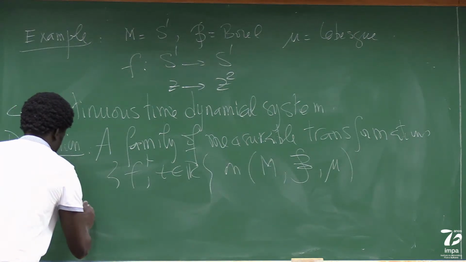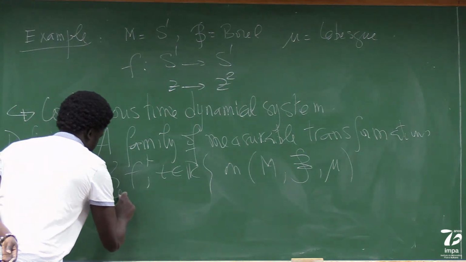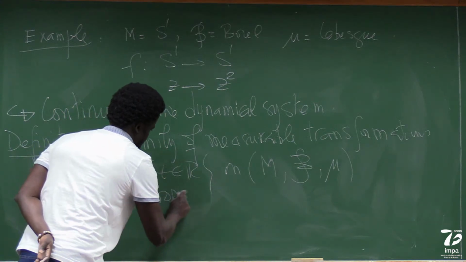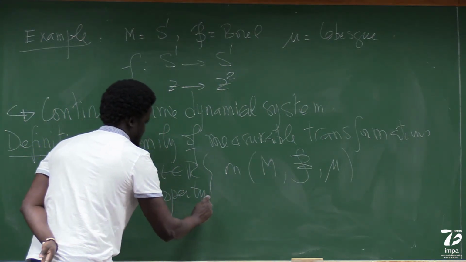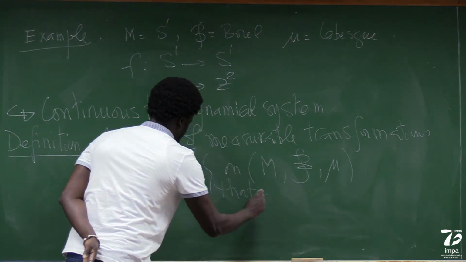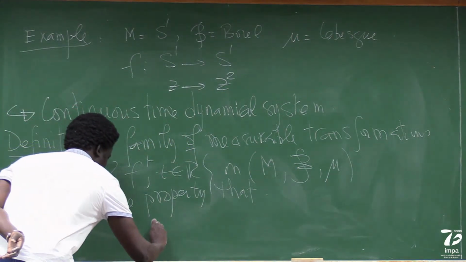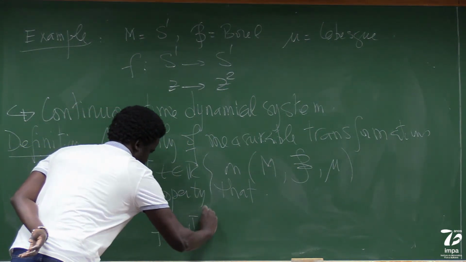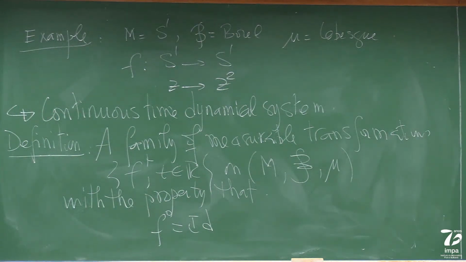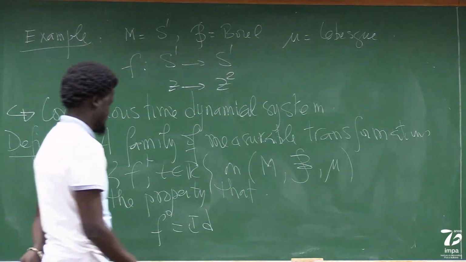So with the property that it has two properties: that f_0 is the identity. So this is the identity on M, which just doesn't move anything.